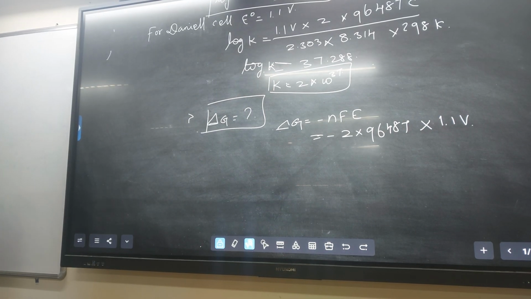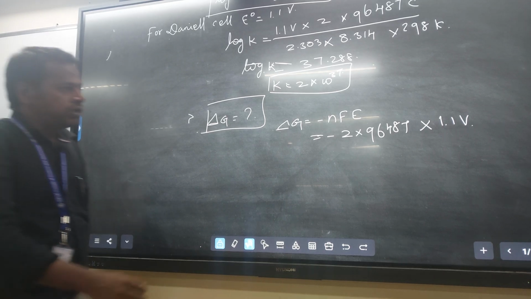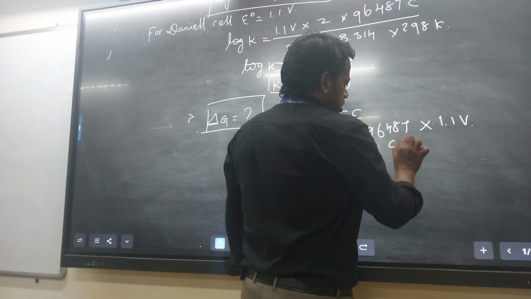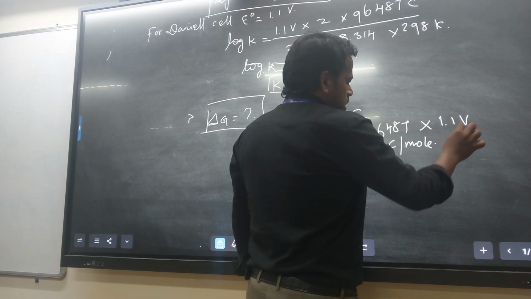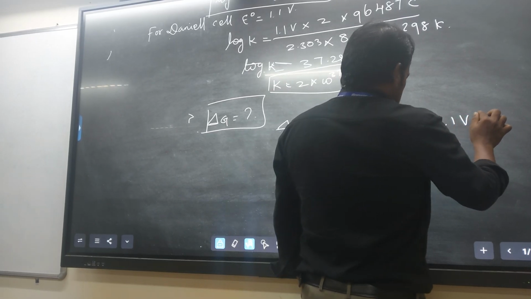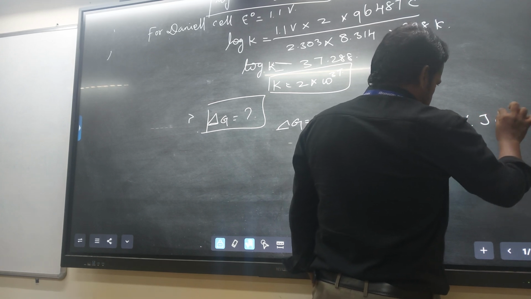Delta G. 96,487 has the unit coulomb per mole. 1.1 volt means 1 joule per coulomb, right? Similarly, F is 96,487 coulomb per mole, and 1 volt equals joule per coulomb.